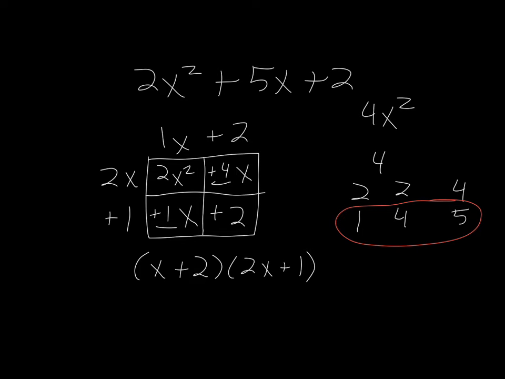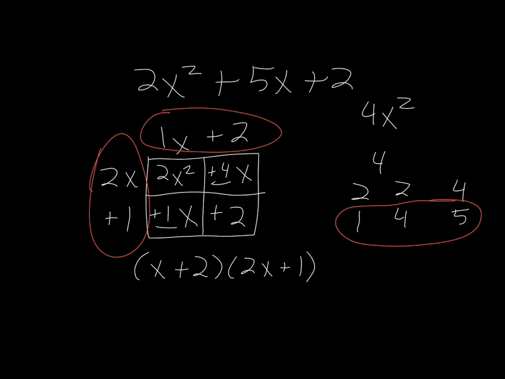Now there is an added benefit of using this method for factoring because you can also check your work very easily and quickly. If you're familiar with box method, we can look at the factors here and here and multiply them out using box method and see if what's in the boxes is actually what we would get.